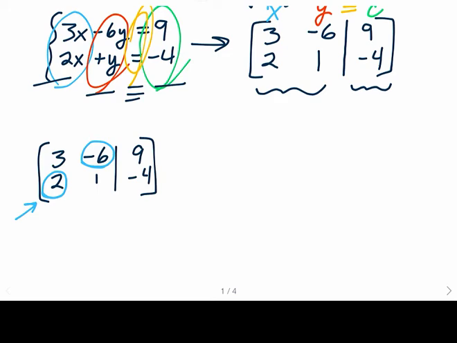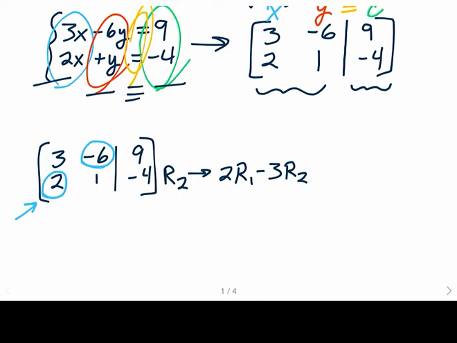And since what we're about to do is like what we've done to equations, I'm going to note, we're going to replace the second row, so r sub 2, and a little arrow, by 2 times row 1 minus 3 times row 2. This is just shorthand for what we've already done.